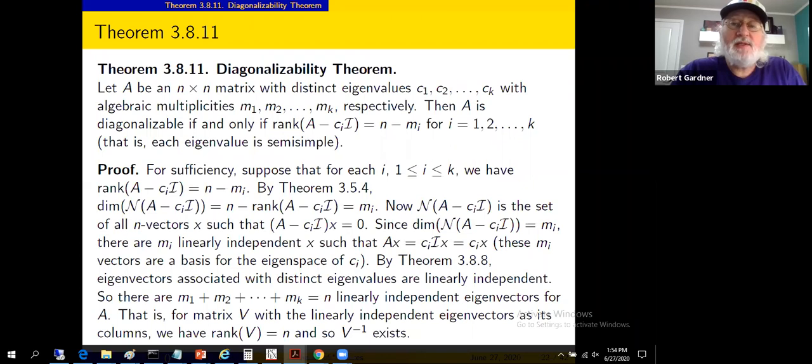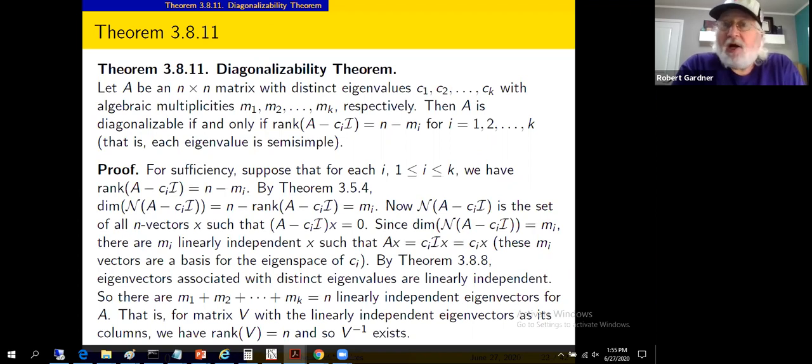And since c sub 1 and c sub 2 are different, we listed these as distinct eigenvalues in the setup, then the eigenvectors associated with c sub 1 are linearly independent with the eigenvectors associated with c sub 2, and so forth. So to find the number of linearly independent eigenvectors, we just sum up the m sub 1, m sub 2, up through m sub k. These were the algebraic multiplicities of all the eigenvalues of matrix A.